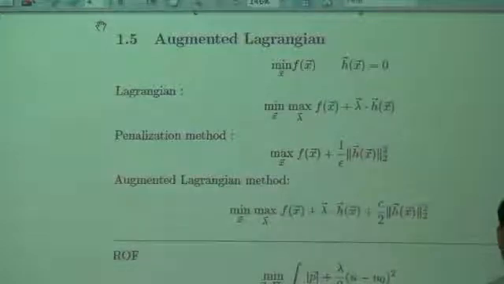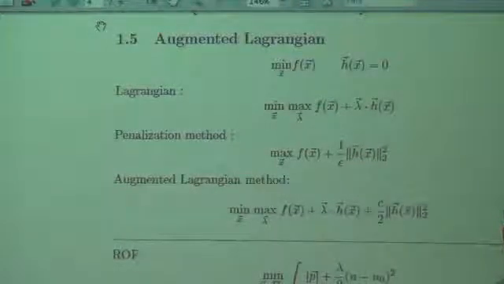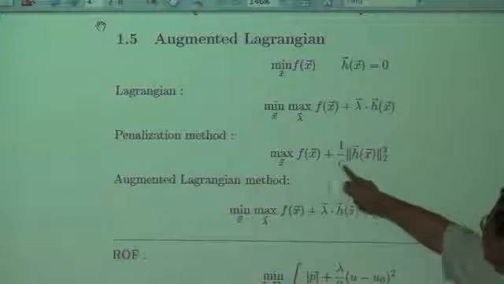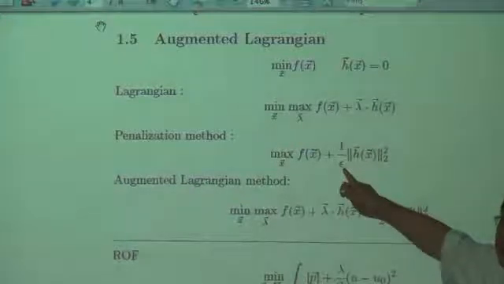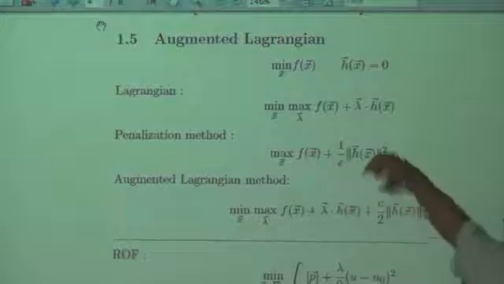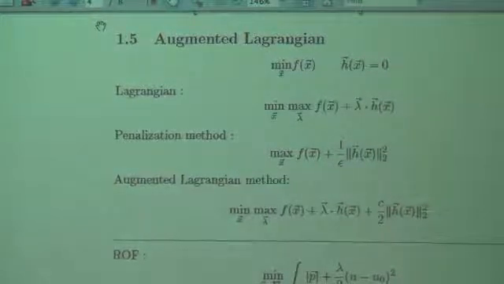How many of you have been learning Lagrangian methods? A lot, okay. So even if so, I will repeat. The penalization is that you put here a small penalization, and then as epsilon goes to 0, the minimizer of this problem gets closer to the original one.